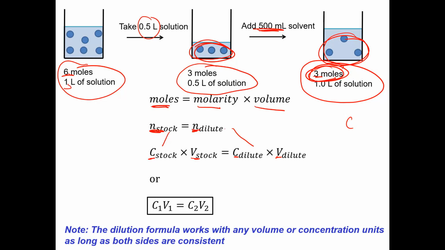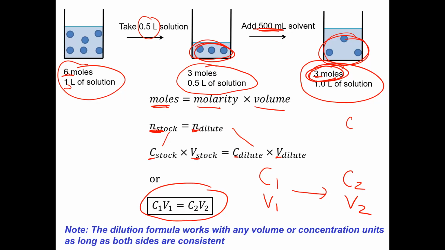That's what we call the dilution formula. Most people write it like this: C1V1 equals C2V2. C1 is what you start with, I'm going to take V1 of that, and then C2 and V2 are what we end with. So I'll show you how we use it.